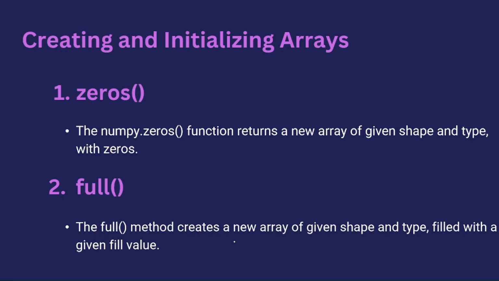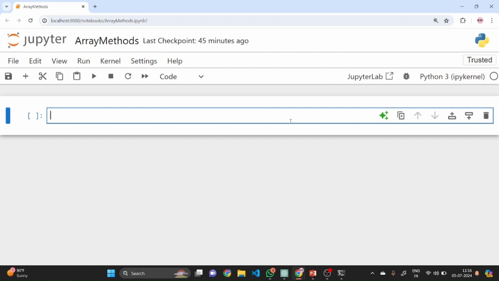Next one is the full method. It creates a new array of given shape and data type, but with a given fill value, not with zeros as seen before. Syntax is numpy.full of shape, fill value, and data type. I'll show in my Jupyter notebook.